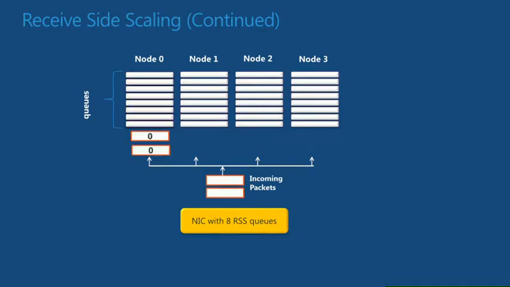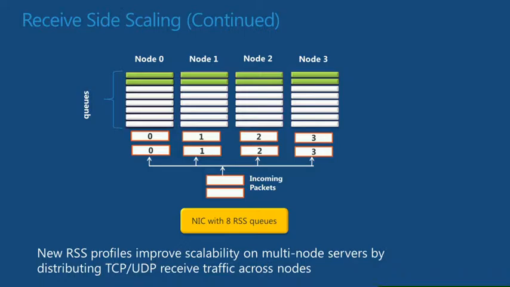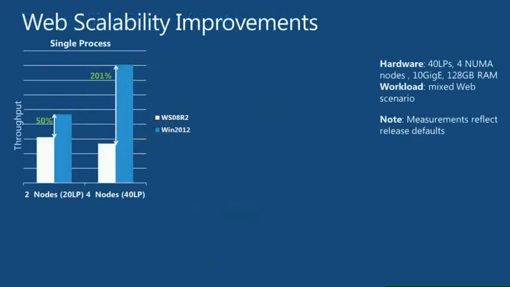So what have we done with 2012? We're evenly distributing the traffic across multiple nodes. So the same 8 queues are distributed across multiple nodes now. So you are more efficiently making use of the processors. Again, this helps with TCP and UDP receive traffic.